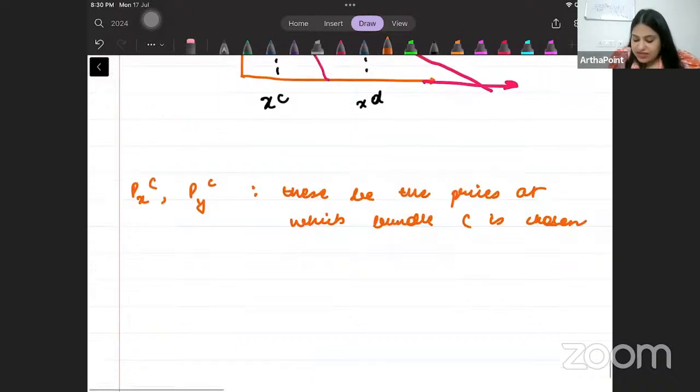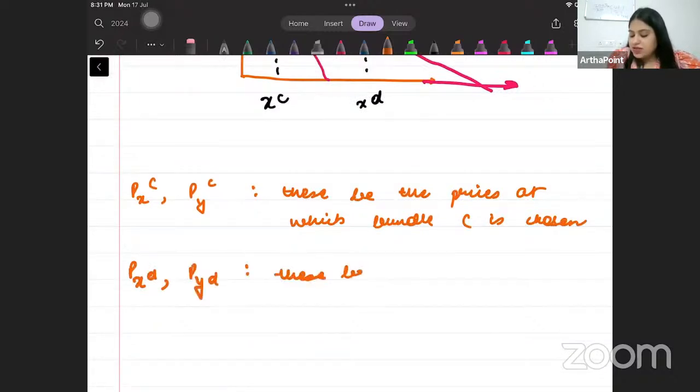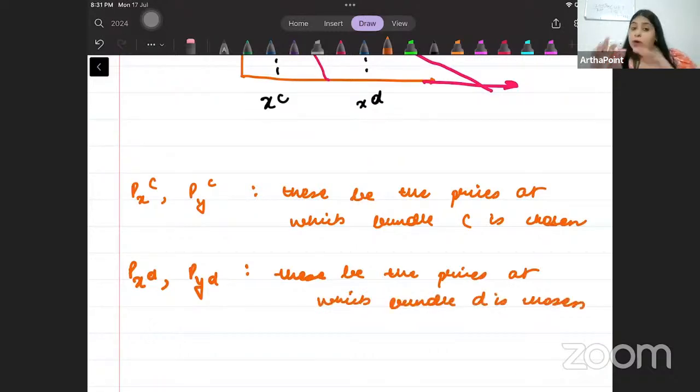And PXD and PYD, let these be the prices at which bundle D is chosen. दोनों अलग प्राइसेस जिसपे C और D को चूज करना है.